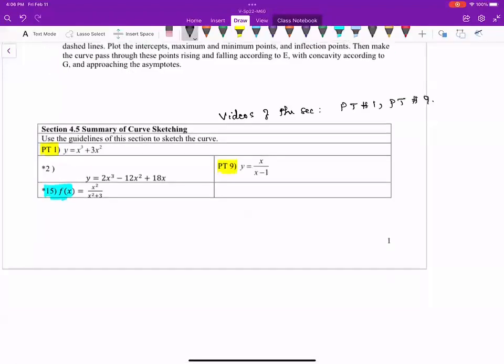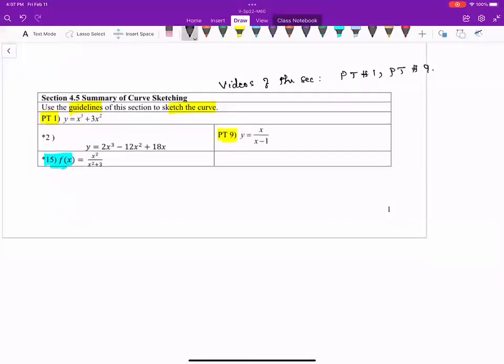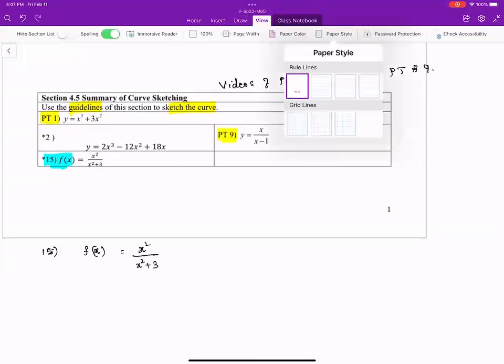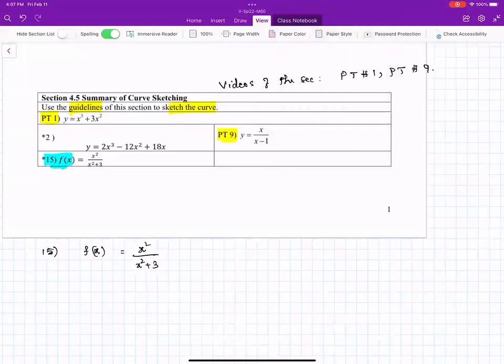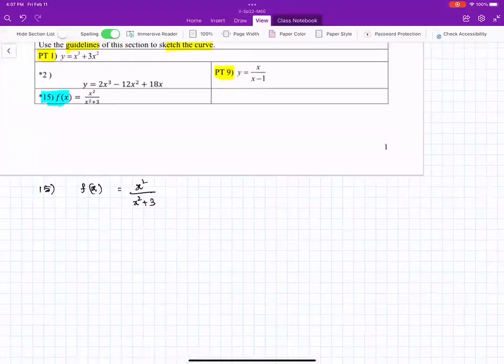Let's try that. Use the guidelines of this section to sketch the curve f of x equals x squared over x squared plus 3.